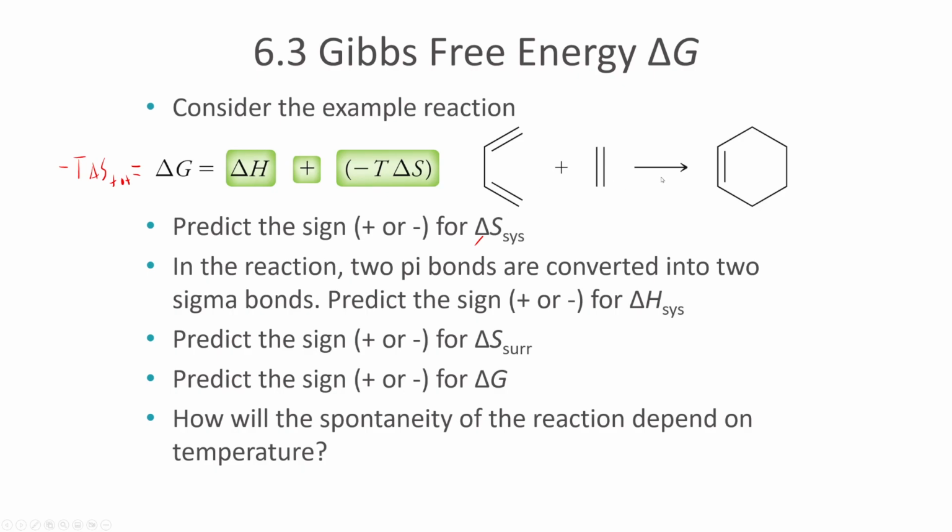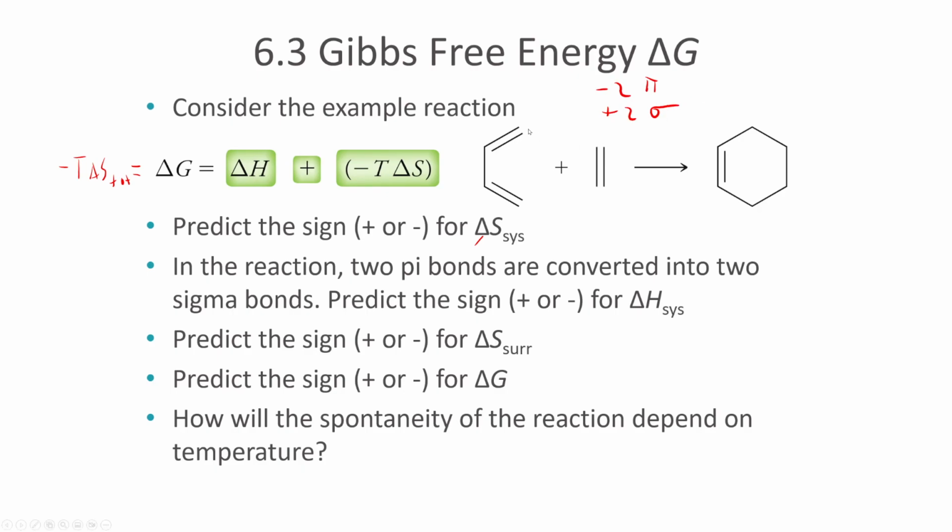So for this reaction here, if we wanted to evaluate if this reaction is spontaneous, we would want to evaluate both the delta H and the delta S. When we look at the delta H here, what we can see is that we are breaking 2 pi bonds. These 2 pi bonds are gone. We still have 1. And we are forming 2 sigma bonds. So we're losing 2 pi bonds, and we're gaining 2 sigma bonds.